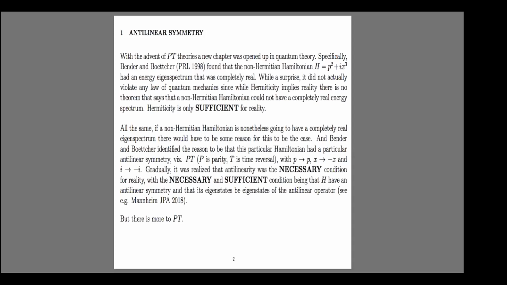And gradually it was realized that anti-linearity was the necessary condition for reality, and I'll give you the proof in a moment. The necessary and sufficient condition is that H have an anti-linear symmetry and that its eigenstates be eigenstates of the anti-linear operator that H commutes with. So that's how we can get to real eigenvalues, but as you all know, there's more to PT.